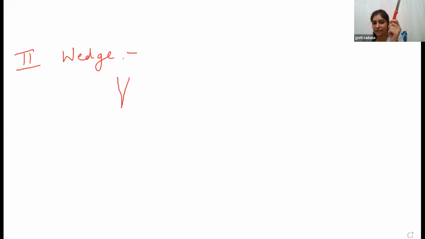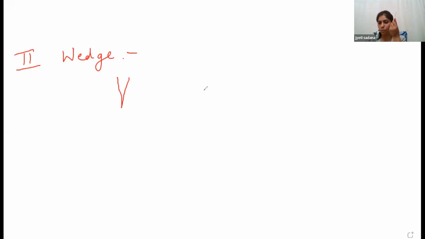K-N-I-F-E. Yes, it is a knife. Now, what is a knife? These two inclined planes are joined together, where one end is sharp. This is the sharp end, and this is the blunt end. So this is blunt, that is why I can touch it, but I'm not touching the sharp end. What is the purpose of the wedge?